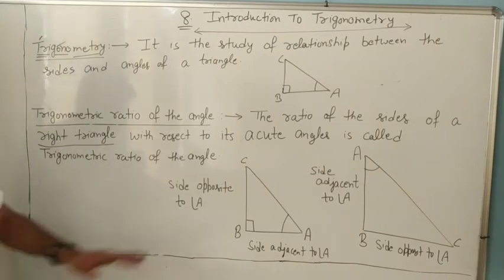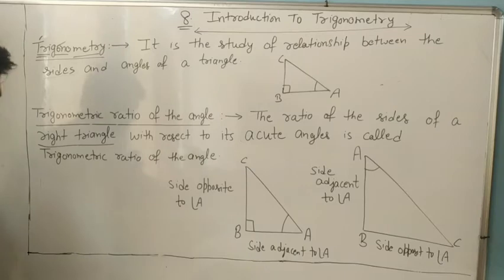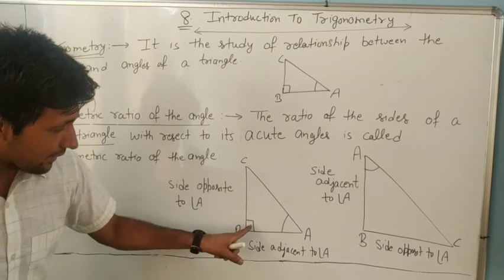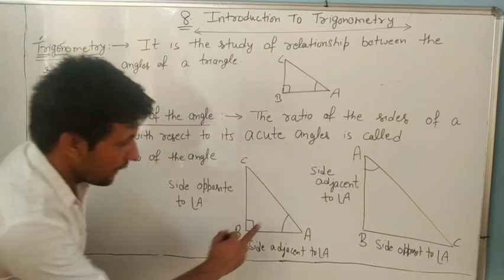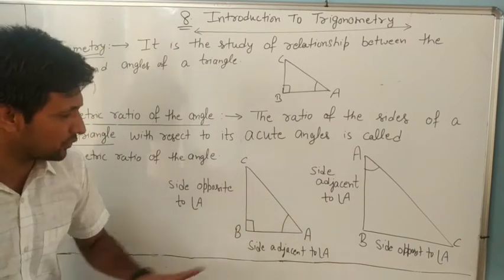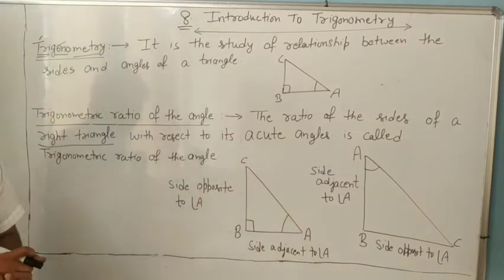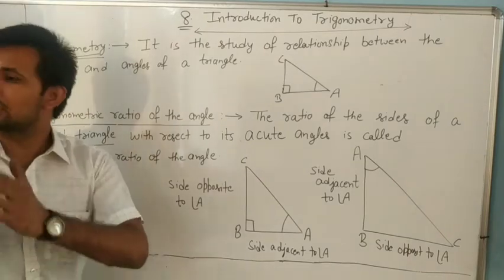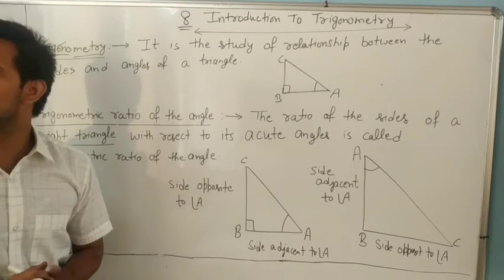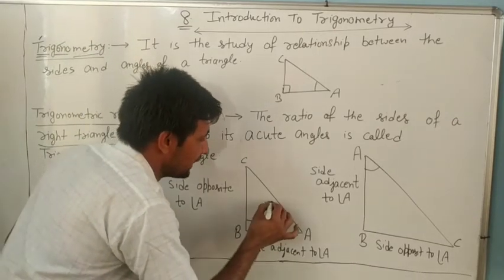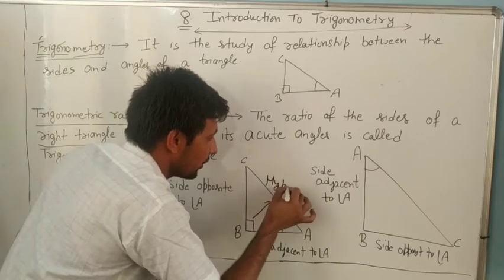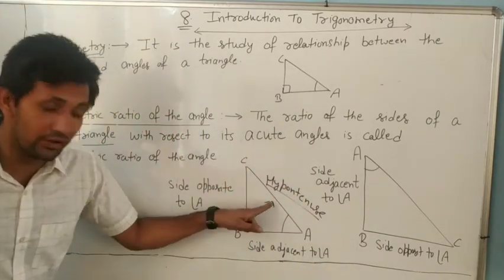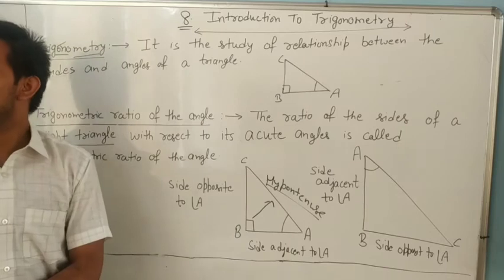Look at, dear, these are the two figures. I make a triangle ABC, and it is right angled at B. This angle is named angle A. Suppose we are using only angle A. Everyone knows, from the 6th class, I have told you many times, the side opposite to 90 degrees is the hypotenuse.